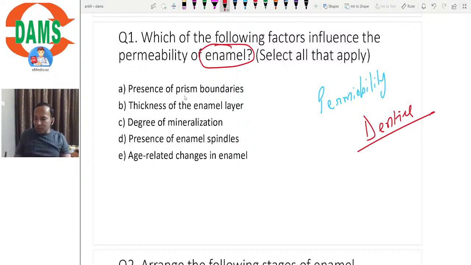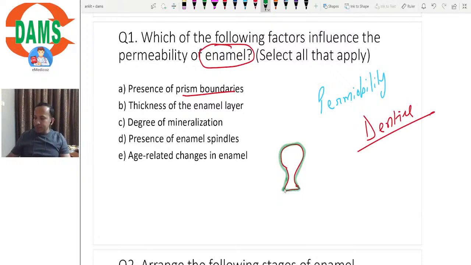So presence of the prism boundaries. So what it means is, let's say the enamel prism is keyhole shaped, isn't it? And we say that this entire prism is made up of hydroxyapatite, and then the boundary is made up of organic component.